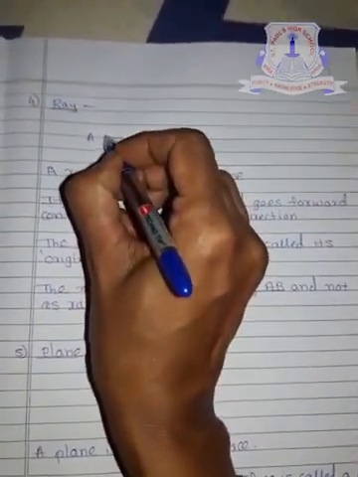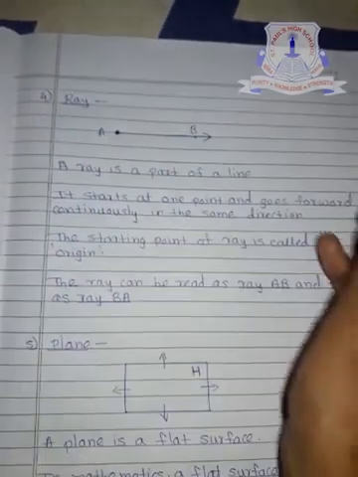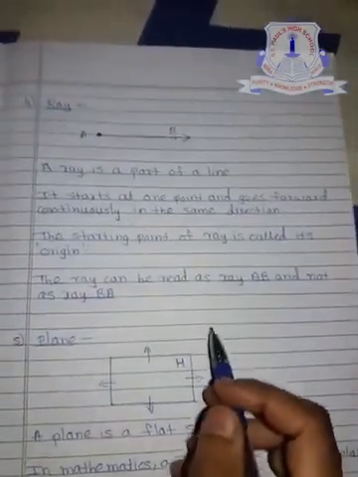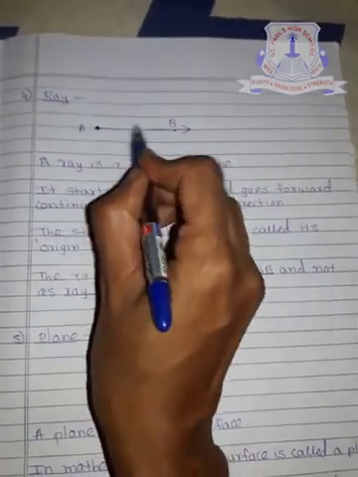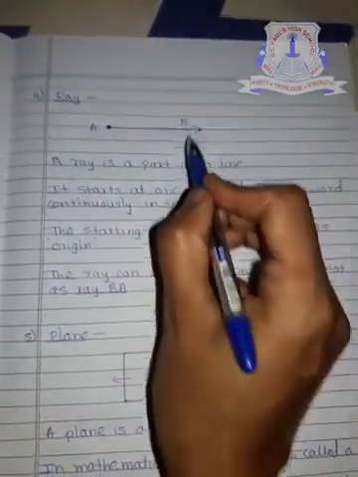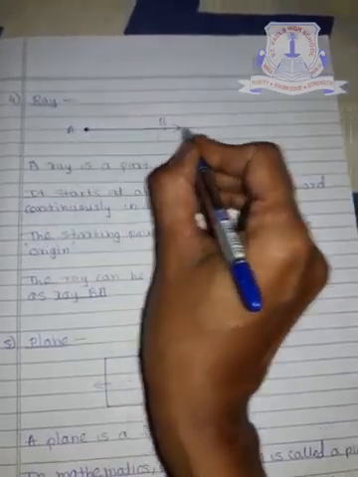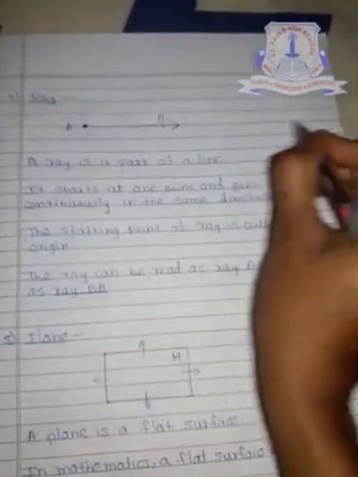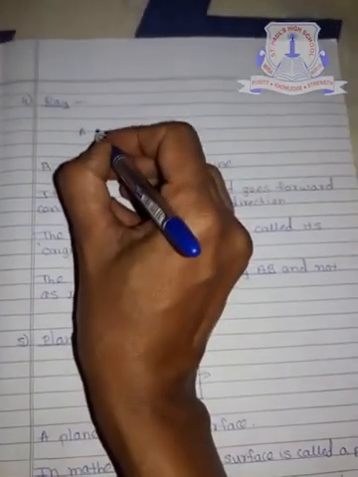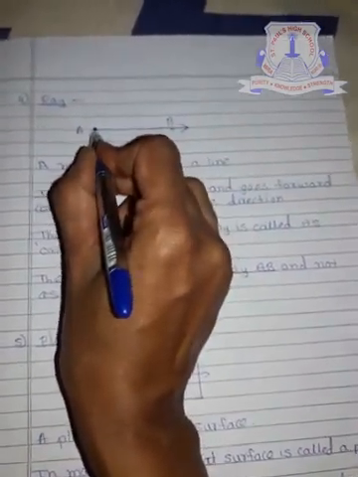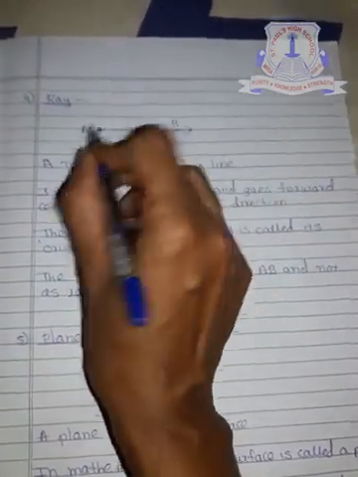A is the starting point, which is called its origin, and the ray can be read as ray AB, but it cannot be read as ray BA because A is the starting point and it goes on continuously without any limit.